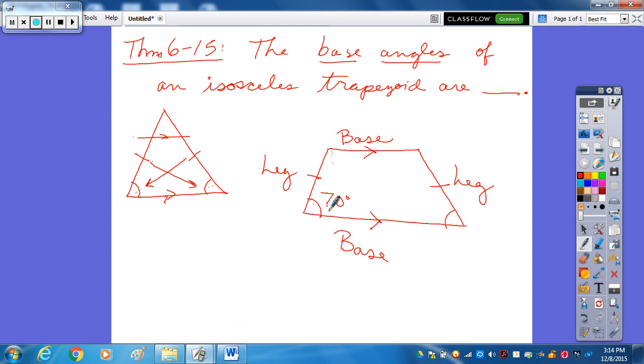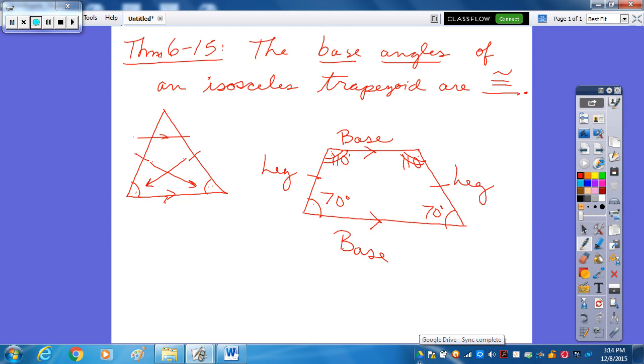So 180 minus 70 gives us 110. If I come over here, we know that this is also 70, so 180 minus 70 is still 110. So what I also want you to see is that these angles, being along the same base, are going to be congruent. So whenever you have an isosceles trapezoid, the base angles will always be the same measure every single time.